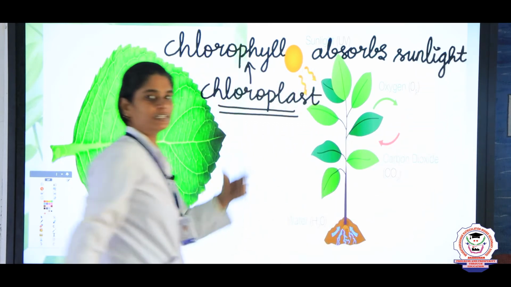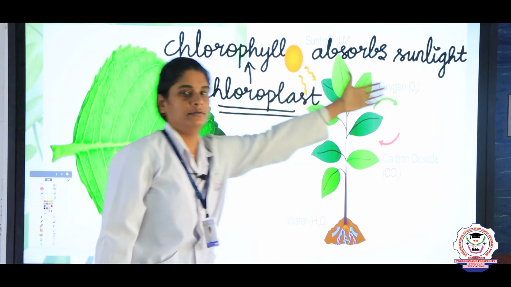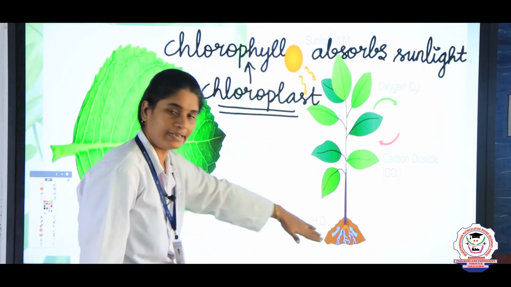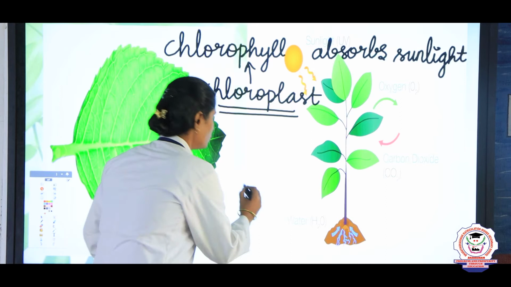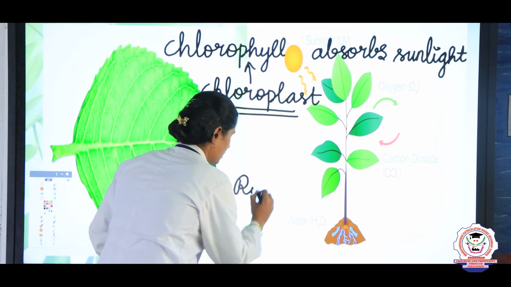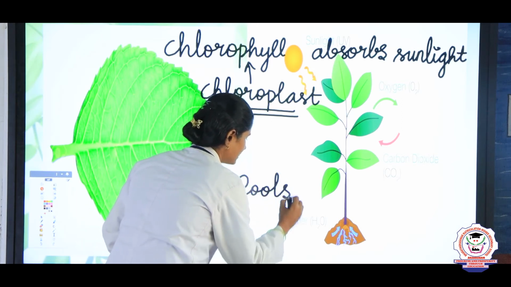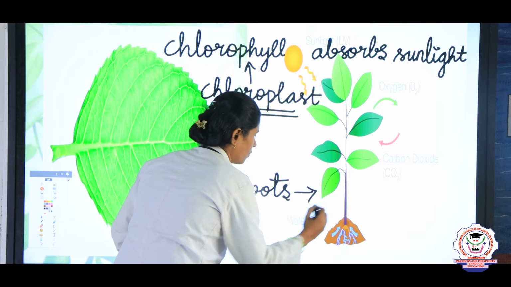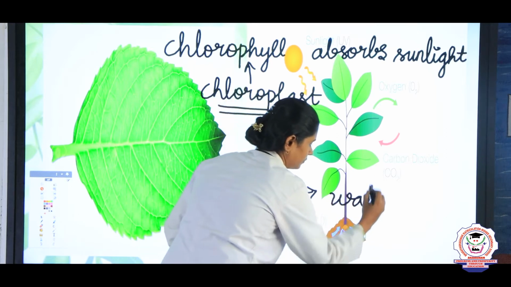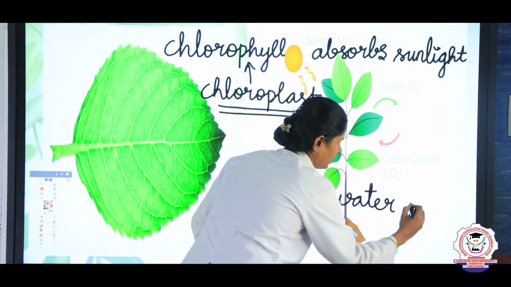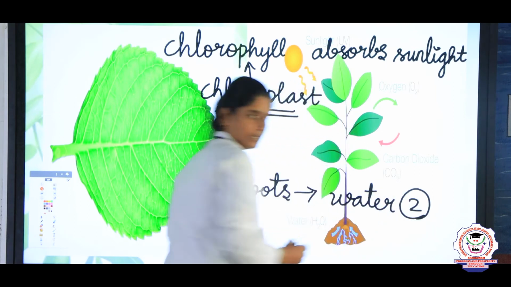Okay. So, the first ingredient is sunlight, the second ingredient I told you about is water. So, through the roots the plants absorb the water. Okay. So, the second one is water.